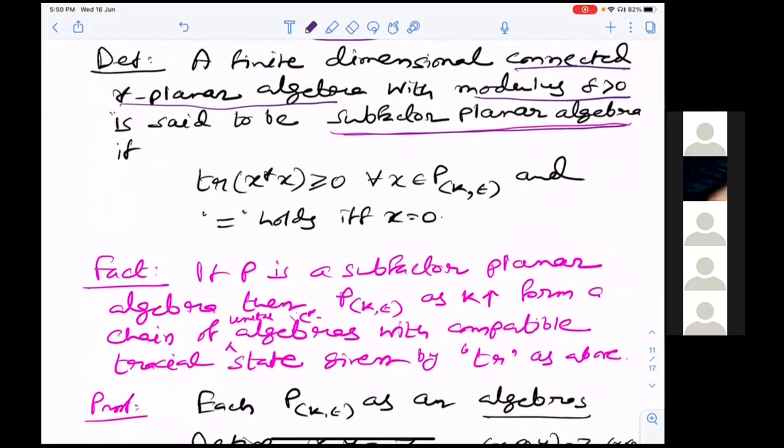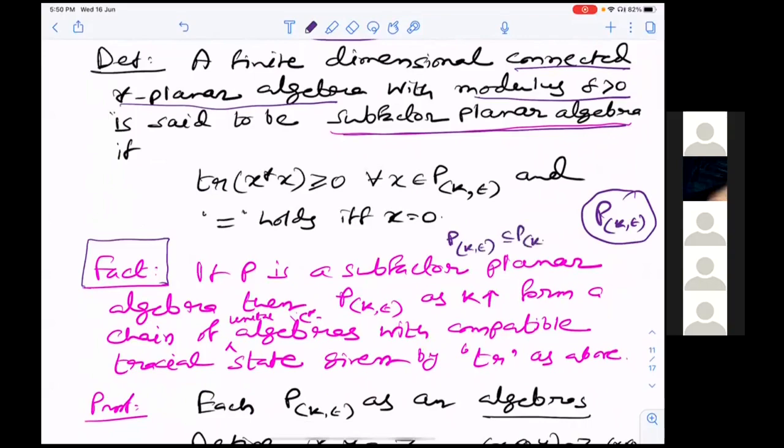Now this is a very beautiful fact. You have to do a nice pictorial computation to prove this. If P is a subfactor planar algebra, then all these Pk epsilon form a chain of unital subalgebras. That means each Pk epsilon can be given an algebra structure in such a way that Pk epsilon is a subset of Pk plus 1 epsilon.